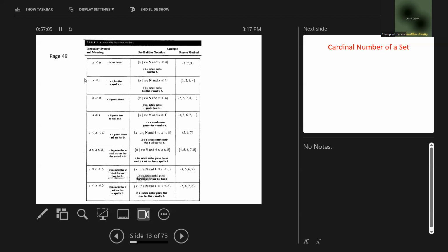If we go here, x greater than or equal to a but less than b, again x is a member of the natural numbers, so greater than or equal to 4 but less than b, which is 8. So you have 4, 5, 6, 7, or vice versa if you reverse it. If you say x is greater than a and less than or equal to b, you include 8 and exclude 4.